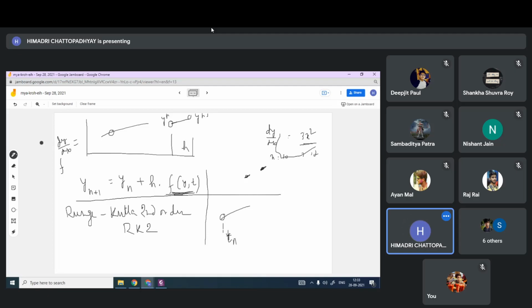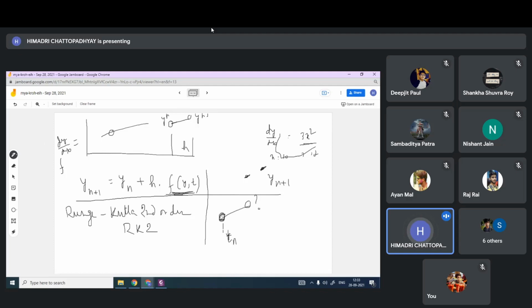So you want to find yn plus 1. Our goal is to find the next level value. This value depends on this value, but how? In Euler's method, just the gap multiplied by the slope evaluated here.